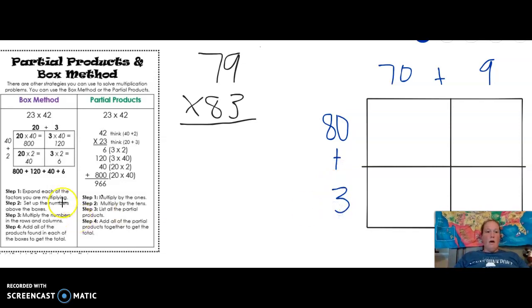And there's some tips on the steps. If it's easier, go step by step. And then there's also a step-by-step anchor chart for partial products.